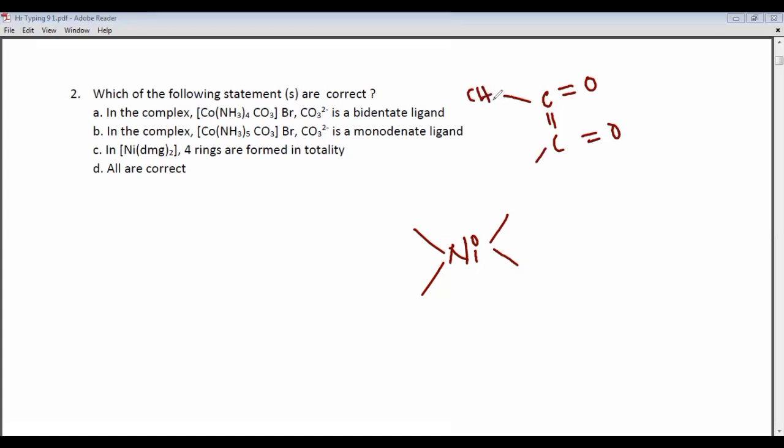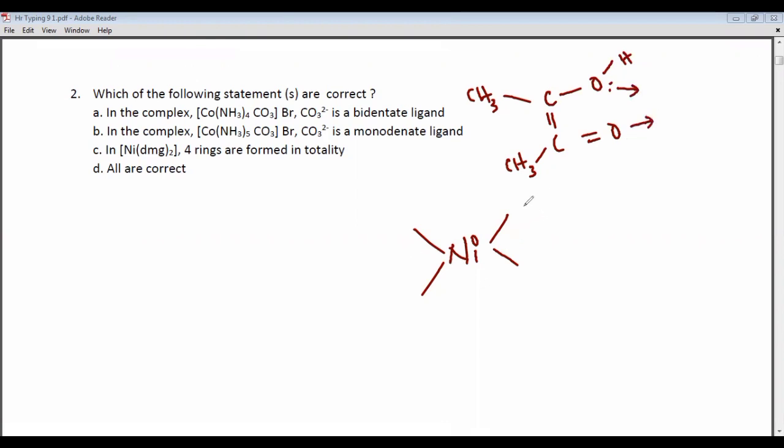This is dimethyl glyoxal and glyoximato, you know, this becomes a single bonded OH, right? Well, these two are the donor atoms.